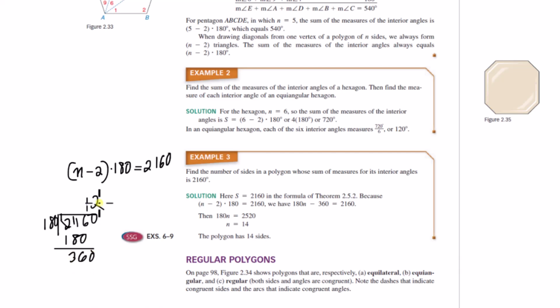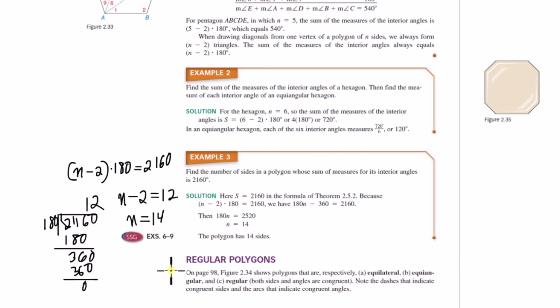That's 12. So that means that n minus 2 is equal to 12, so n is going to be equal to 14. So this is a 14-sided polygon.